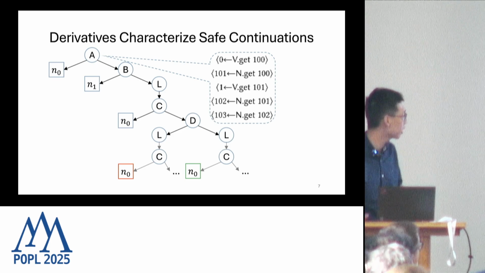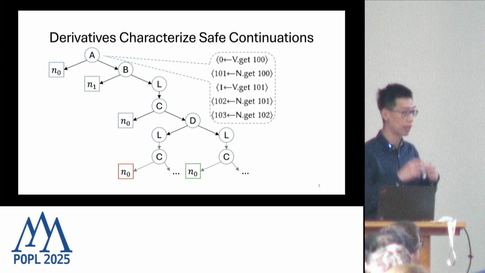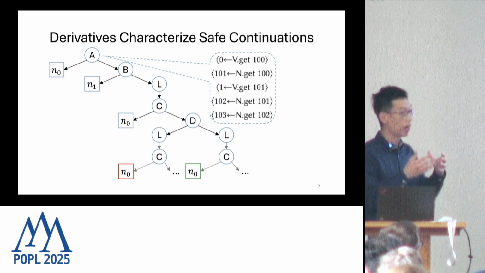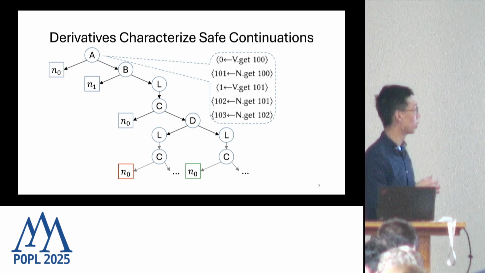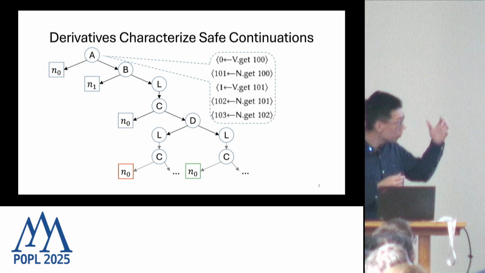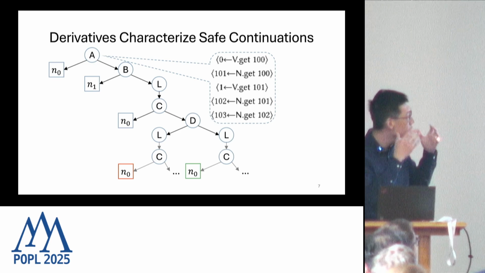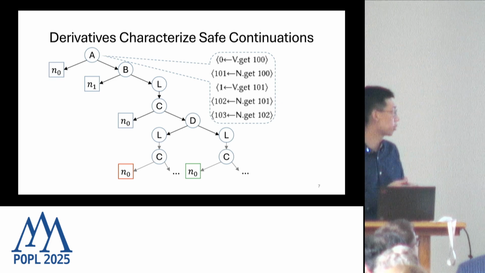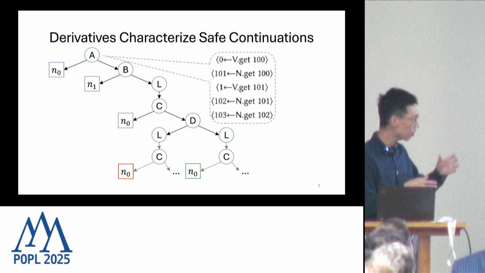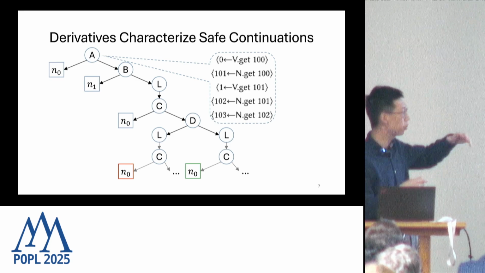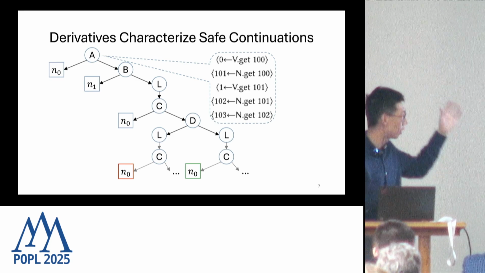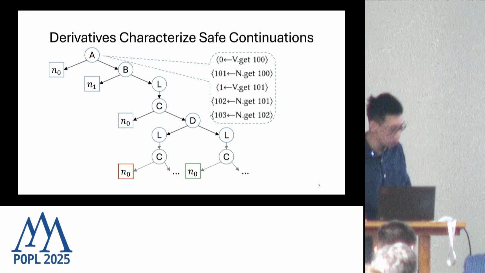As an example, this is an execution we might observe as we execute the program. This execution merely traverses the linked list using those get operations. So obviously, it's safe and included in the set of safe executions we saw on the last slide.